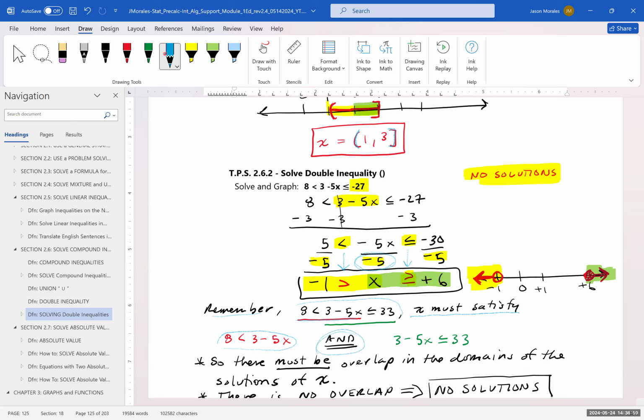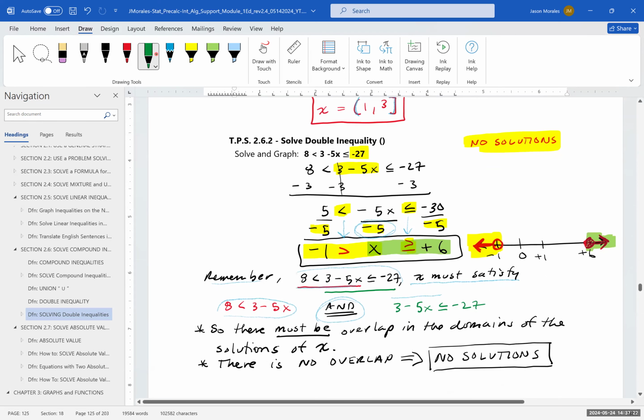And it's got to satisfy a second inequality, which is 3 minus 5x less than or equal to negative 27. I didn't correct this down here, and I need to. So this needs to be negative 27. This needs to be negative 7.